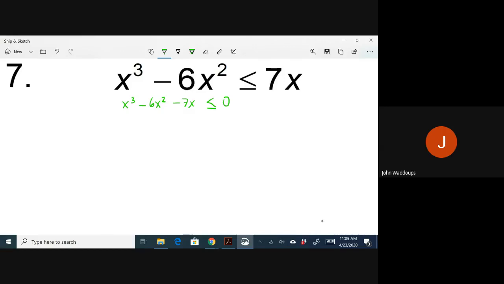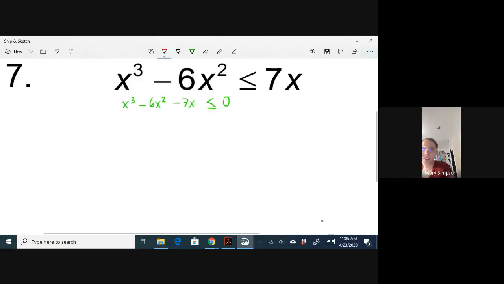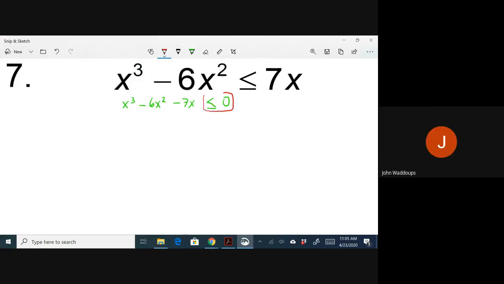And that less than or equal to 0 means that this thing is going to be negative. That's what less than 0 means.